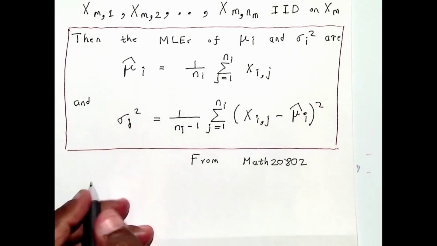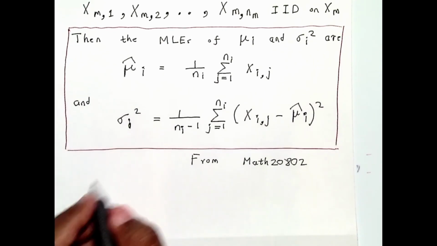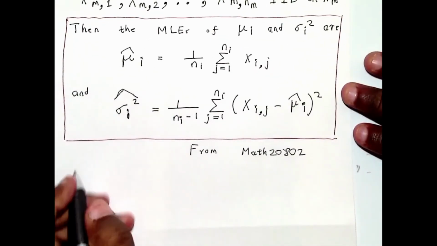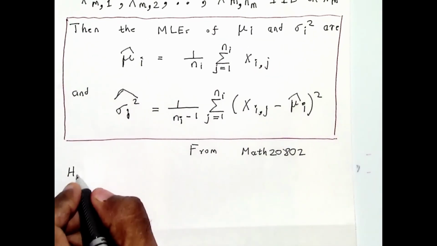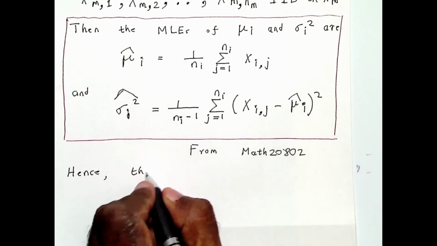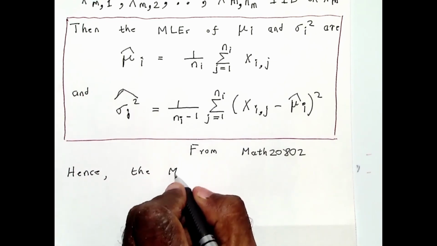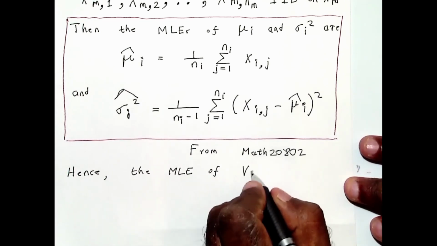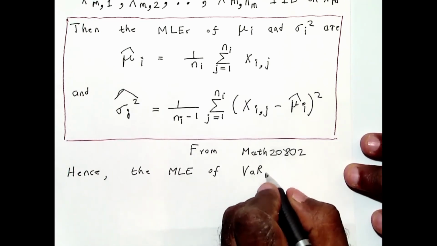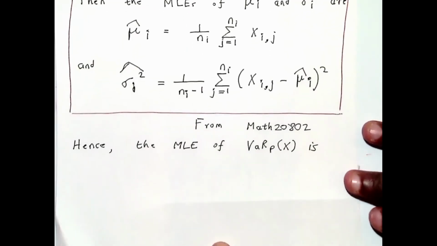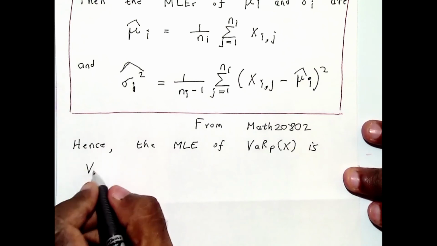Okay. All right, hence, using these two, sorry, there should be a hat here. Hence, the MLE of VaR under the variance-covariance method is as follows.